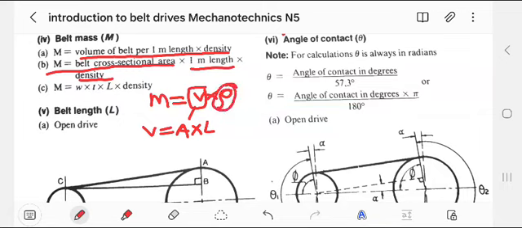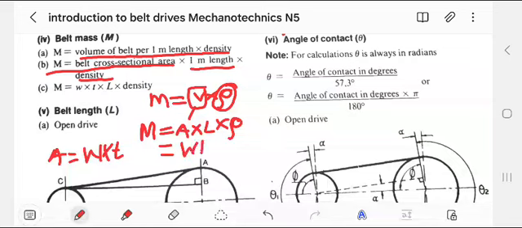If we include the density, it is no longer volume, it will be calculating mass. And you must also know that the area by its own will be width multiplied by the thickness. If we are given the thickness, then the mass is width multiplied by thickness multiplied by length multiplied by density.